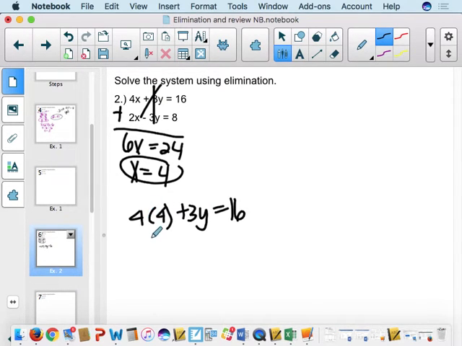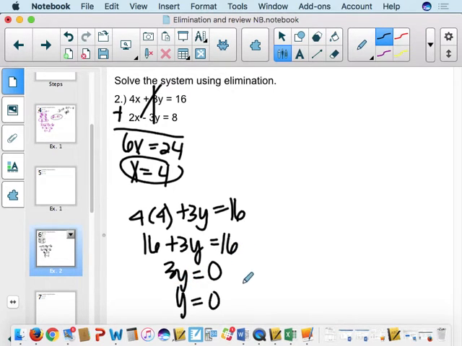So 4 times 4 is 16 plus 3y equals 16, subtract 16 over to get the 3y by itself, so 3y equals 0. Divide both sides by 3, and y equals 0. So my ordered pair here is going to be 4, 0.